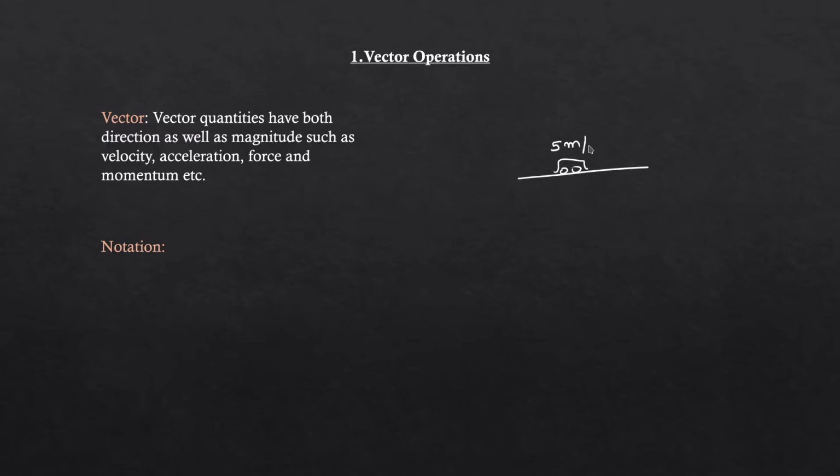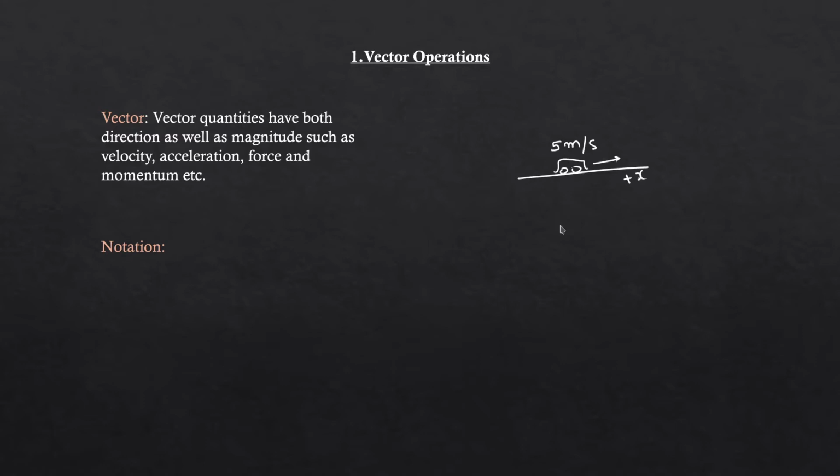This information by itself is not sufficient to say where the car is moving. So you'll have to say that this car is moving in the plus x direction with 5 meter per second. That is the information you require to make it properly explainable.